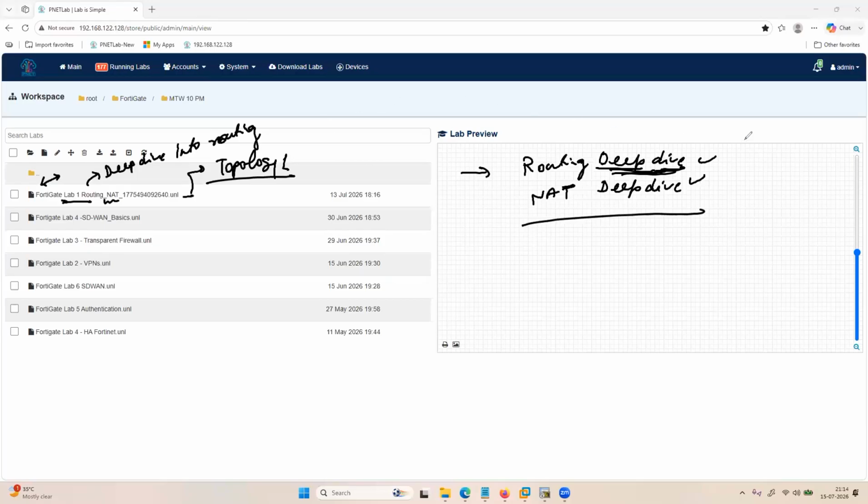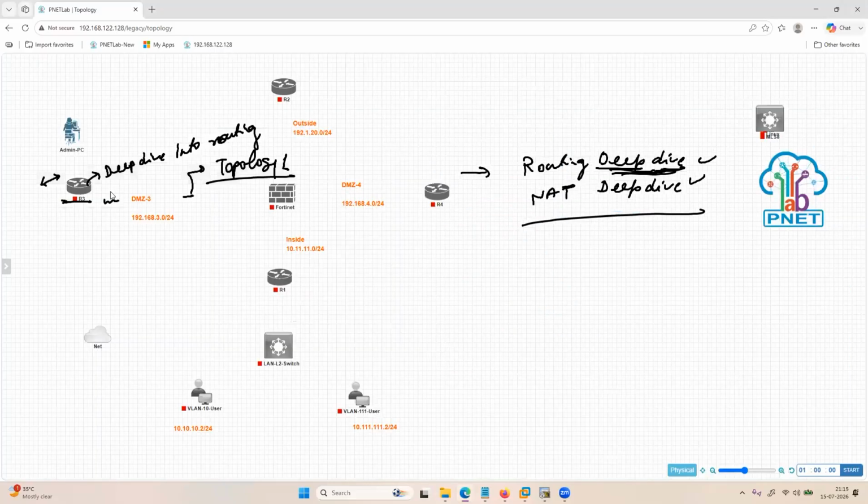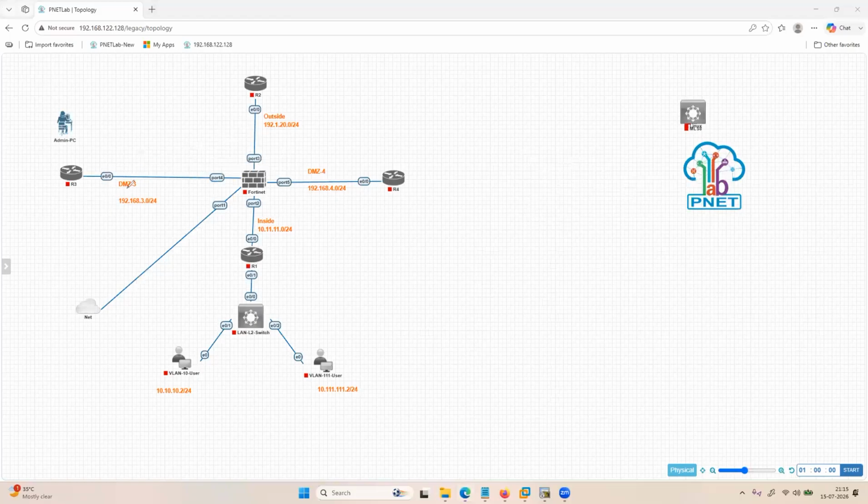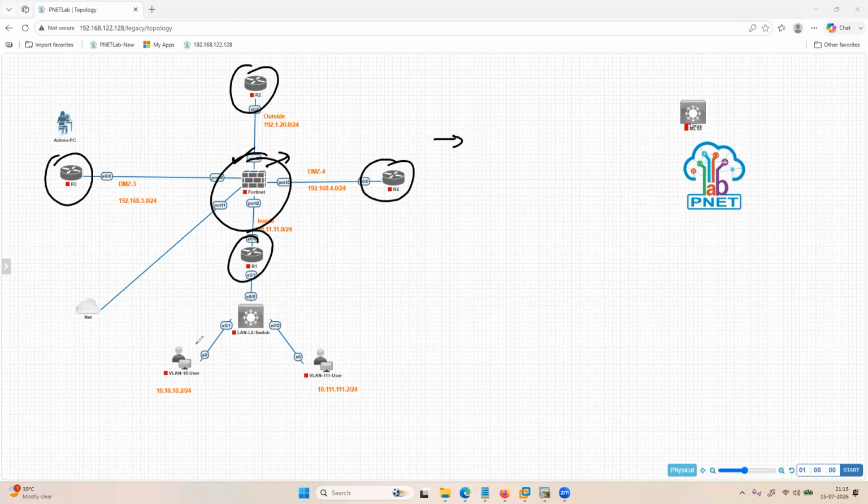So let me show you the topology as well. So this is the topology, guys. It starts from the basic configuration of all these devices along with your Fortinet firewall.